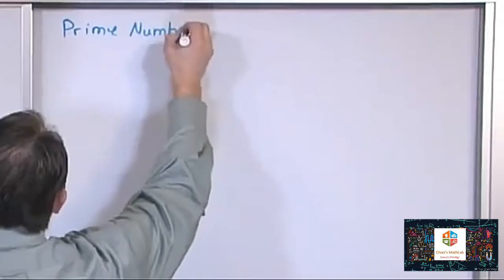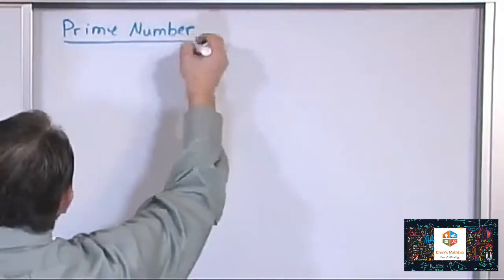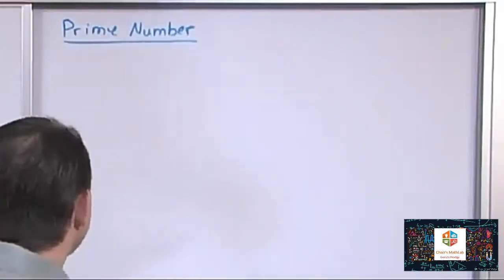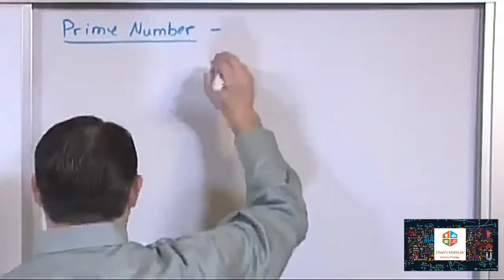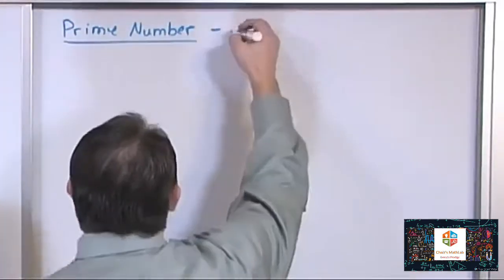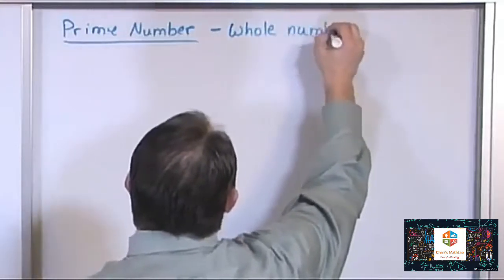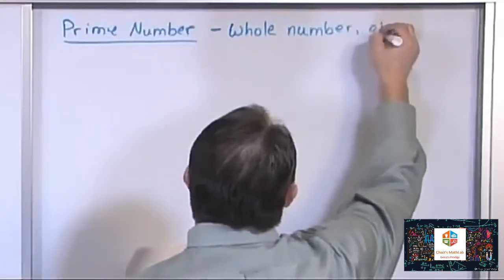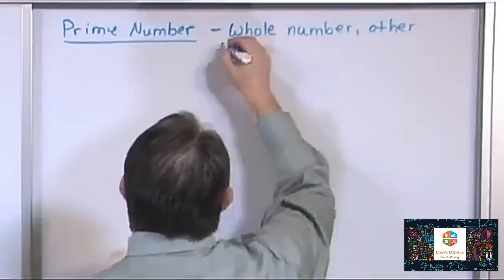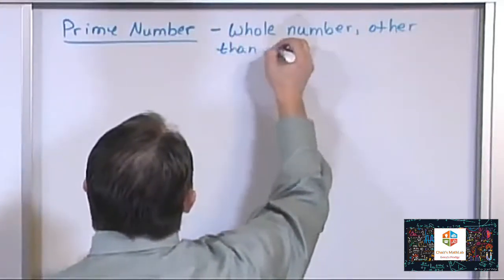And the only reason that books really even talk about prime numbers is because they're kind of special numbers. A prime number is a whole number other than 0.